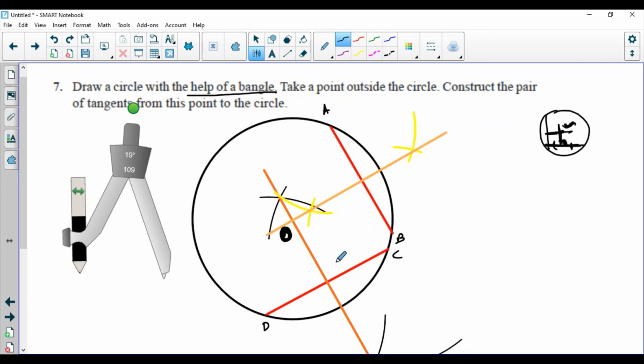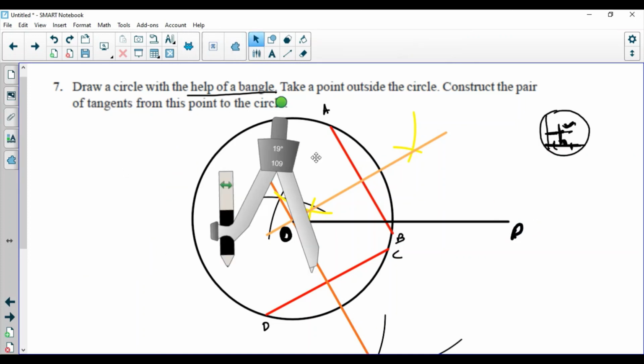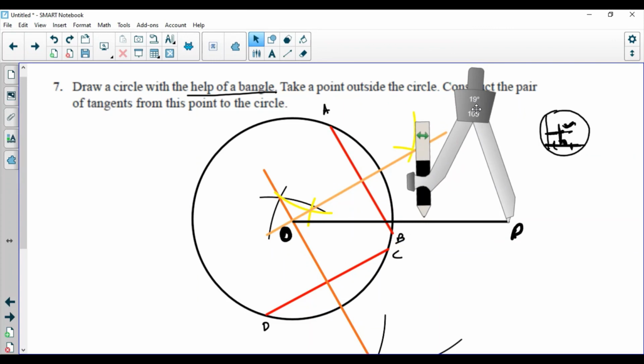Now what we have to do is take any point P outside, and join that point to O. So suppose this is the point P. Now we will draw the perpendicular bisector of OP, which will meet OP at one point.